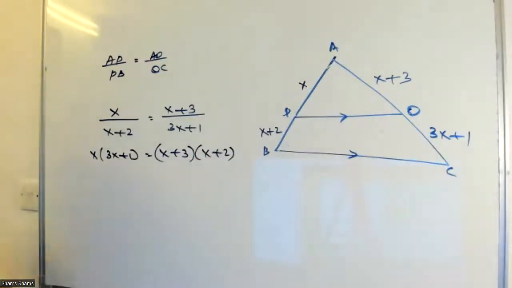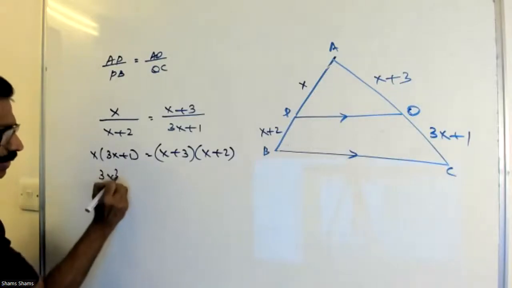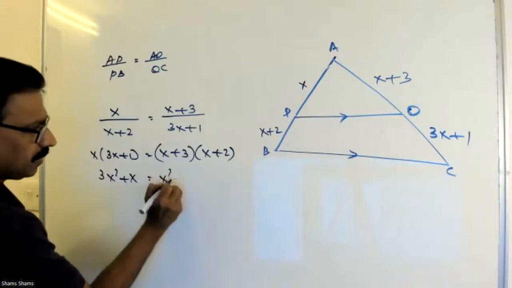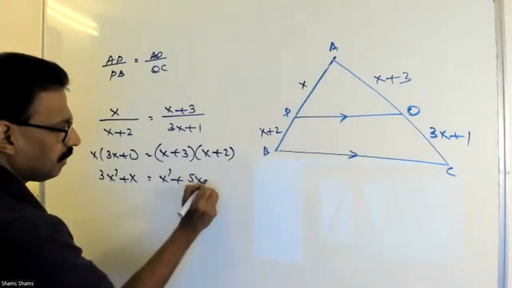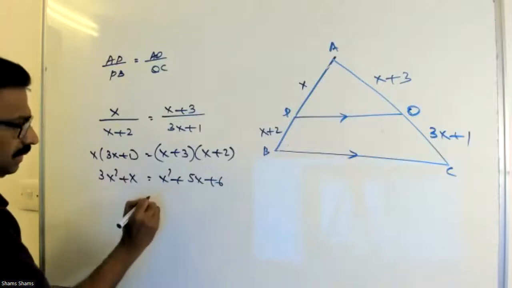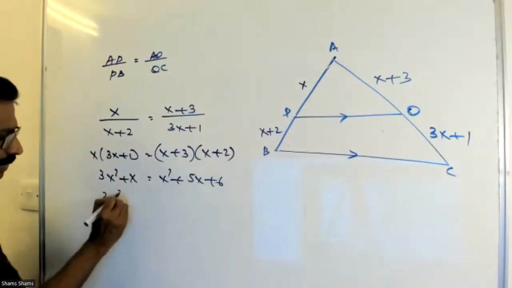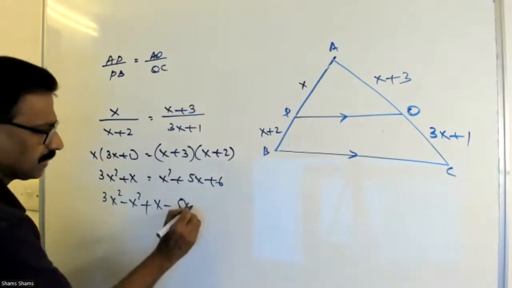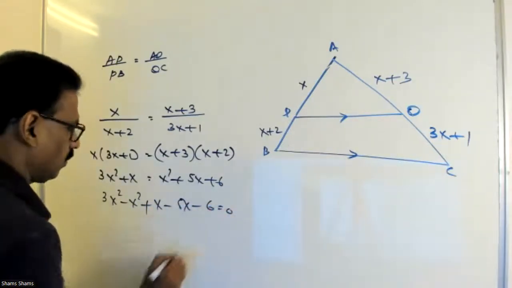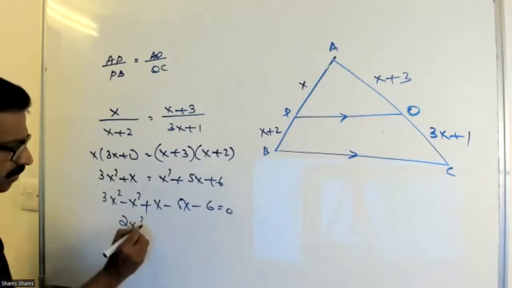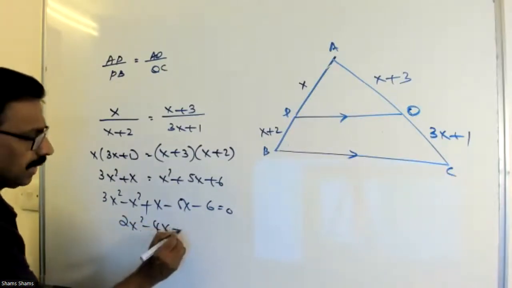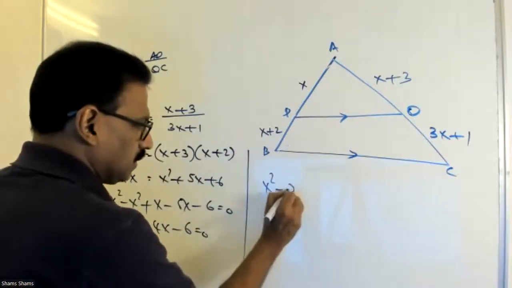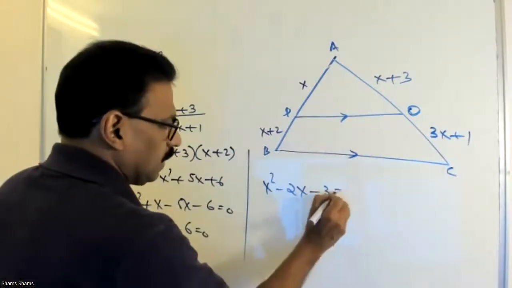Then 3x square plus x equal to x square plus 5x plus 6. Take to the other side: 3x square minus x square plus x minus 5x minus 6 equal to 0. So 2x square minus 4x minus 6 equal to 0. You can cut by 2: x square minus 2x minus 3 equal to 0.